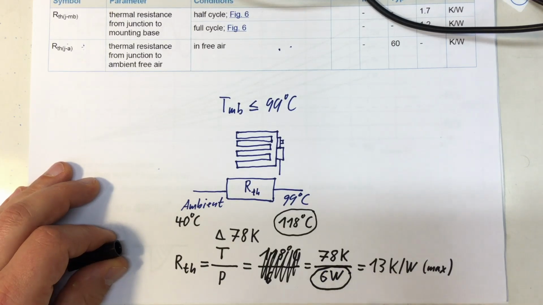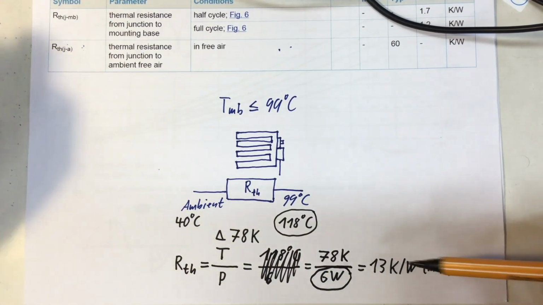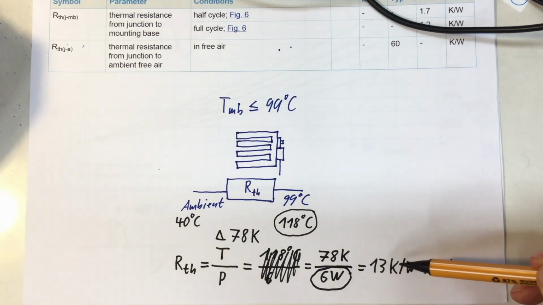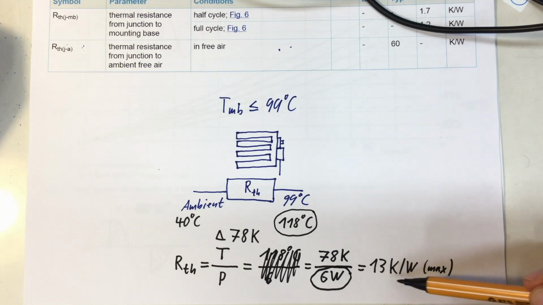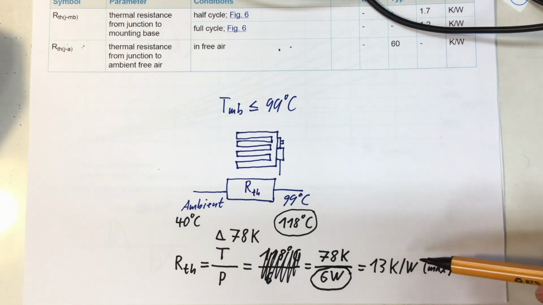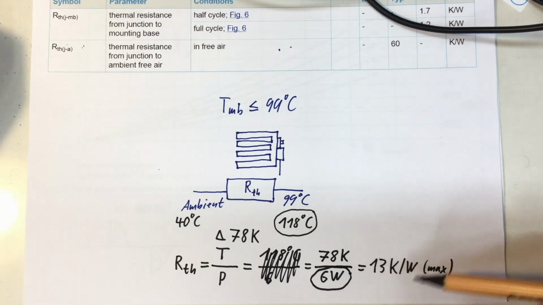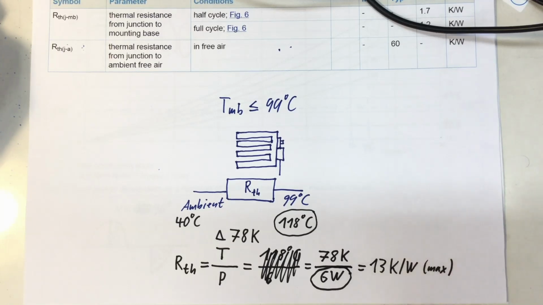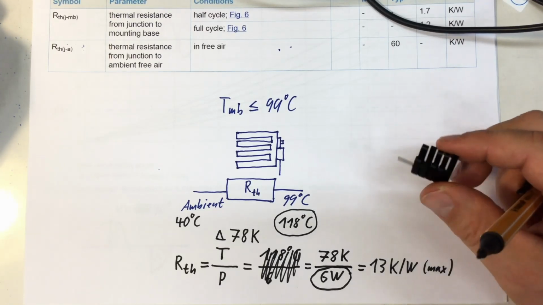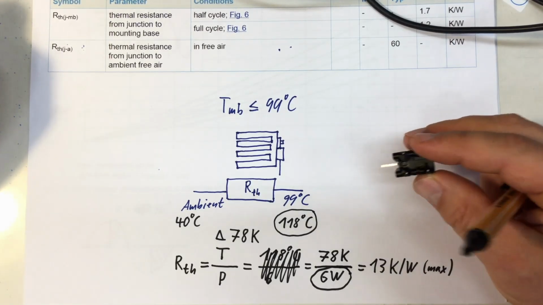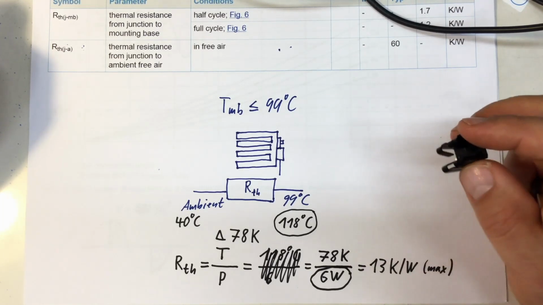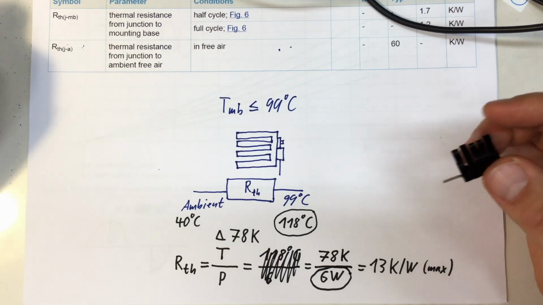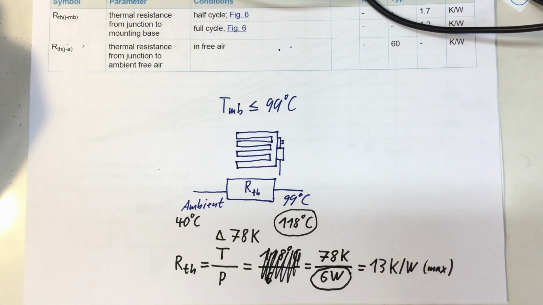And that means we will have to put on a heatsink with a thermal resistance of 13 kelvins per watt or less. So that's the maximum. Unfortunately, I only have one here with 21 kelvins per watt in free air. So back to the drawing board.